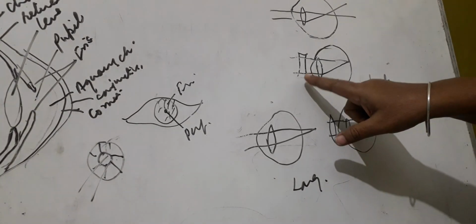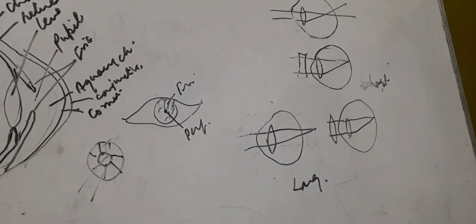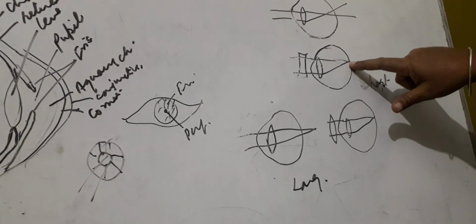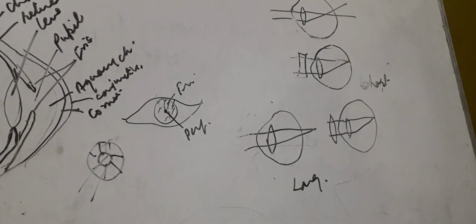For the correction we can use a concave lens, and by using a concave lens the focus falls on the retina. So this is the correction of short sightedness. In long sightedness, distant objects can be seen clearly but near objects cannot be seen clearly.